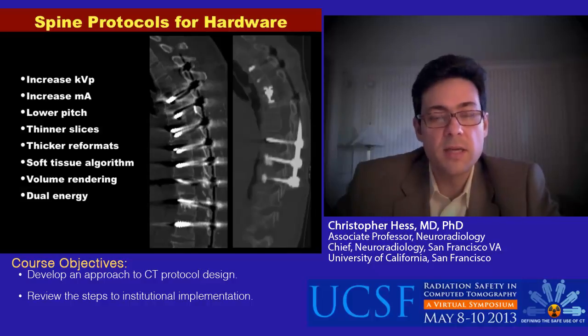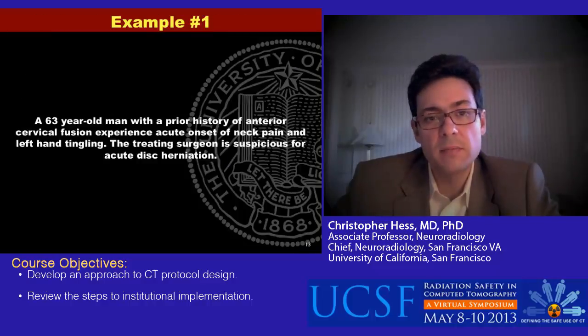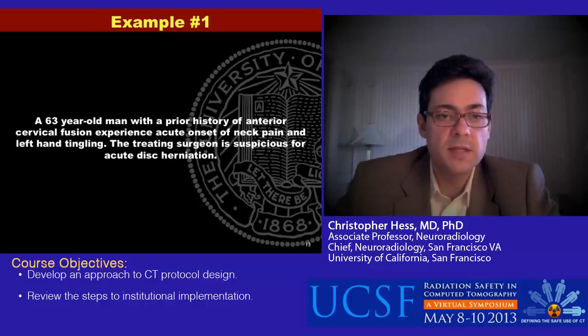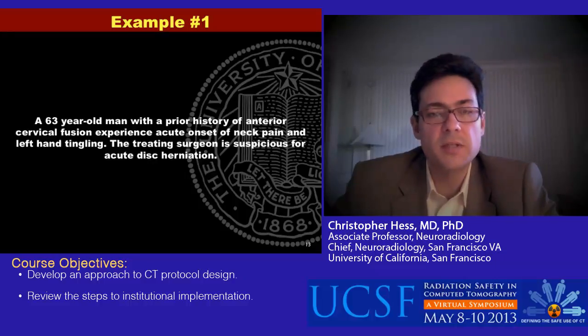So let's take the example of a 63-year-old man who has a prior history of anterior cervical discectomy and fusion. He also has posterior fusion at the levels that I will show you. He has an acute onset of neck pain and left hand tingling, and the treating surgeon is suspicious for an acute disc herniation.